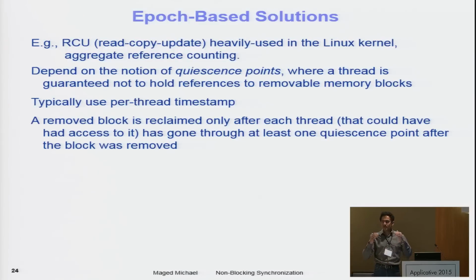So we reach a point where we know that nobody else is holding a reference to that block, and then we can free all the blocks that we collected during this epoch, and we'll do that safely.